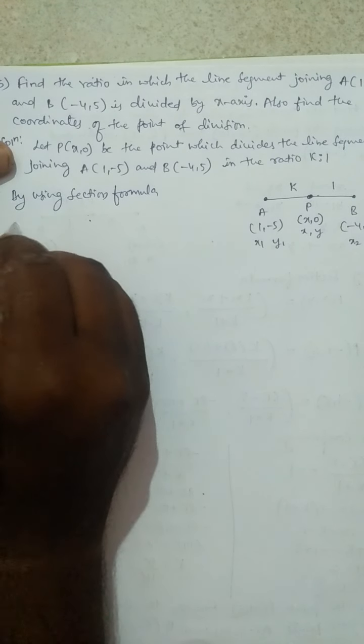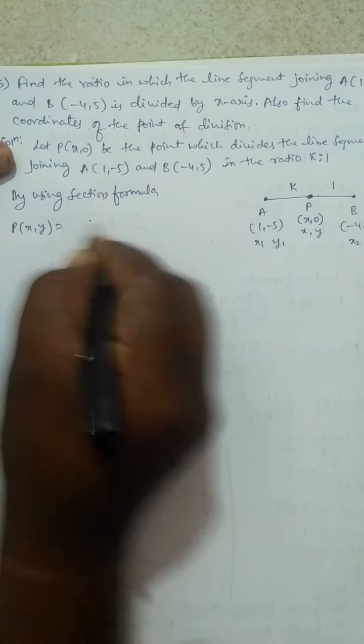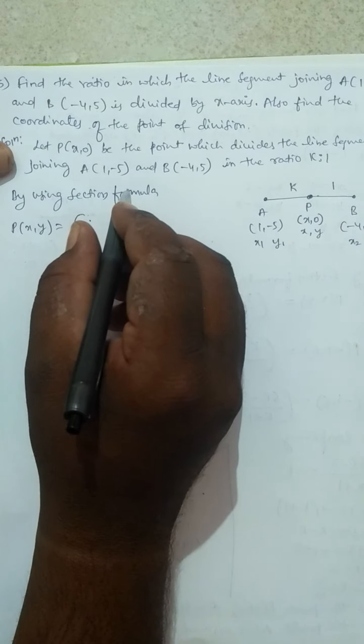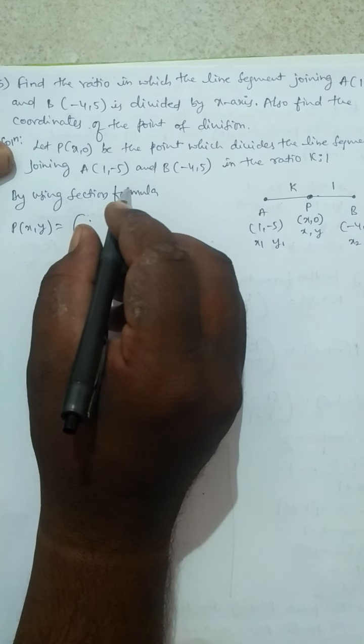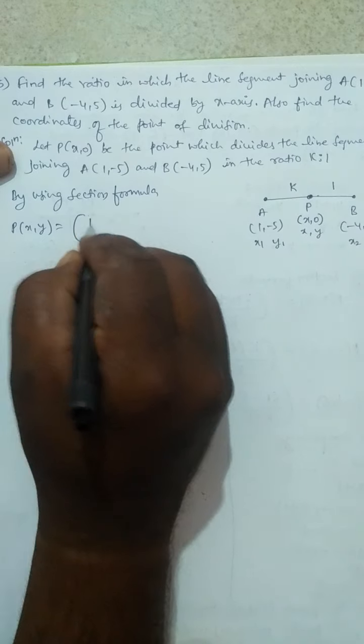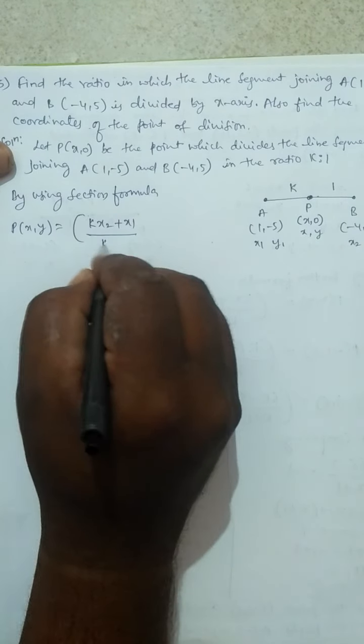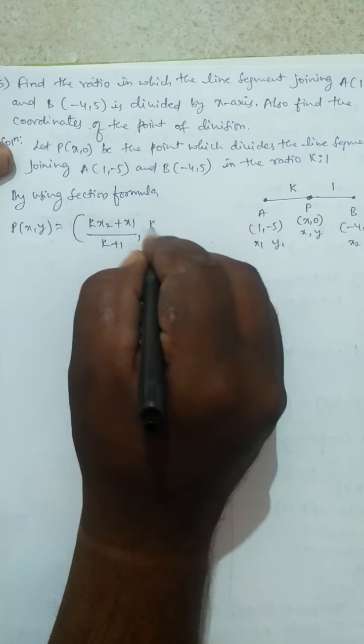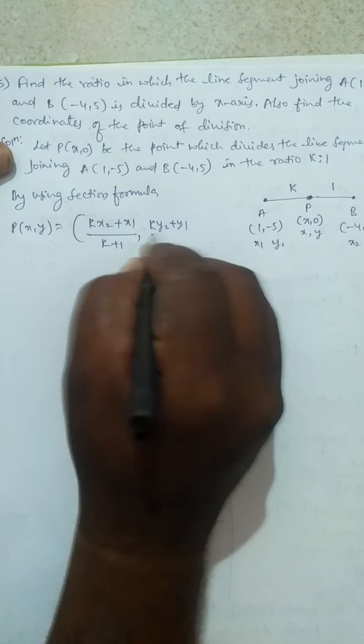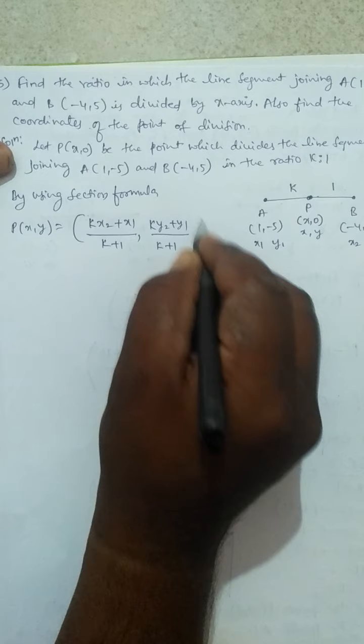Now by using the section formula, what does the section formula say? P of x comma y is equal to, here what you have to write? k into x2 plus x1 divided by k plus 1, and k into y2 plus y1 divided by k plus 1.